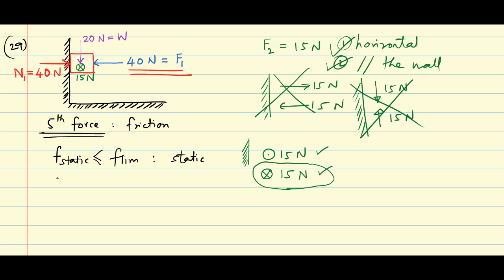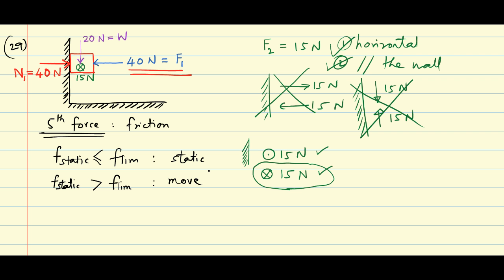On the other hand, if the static frictional force required to keep the block static exceeds the maximum static frictional force which the wall can provide, then of course the block will move. In short, we must ask ourselves, is the frictional force capable of preventing the motion of the block? Is it able to do that, or isn't it able to do that?